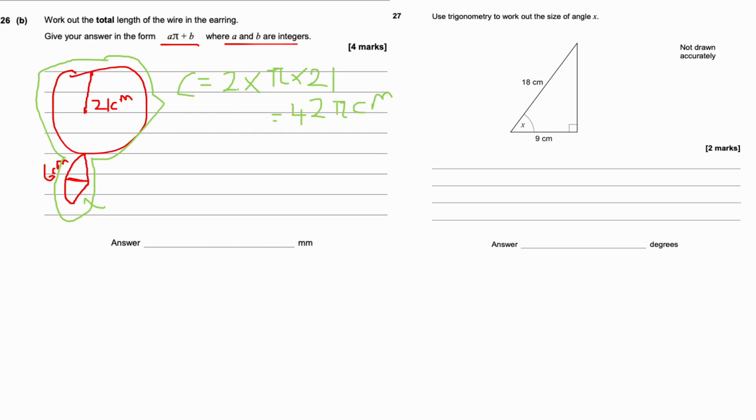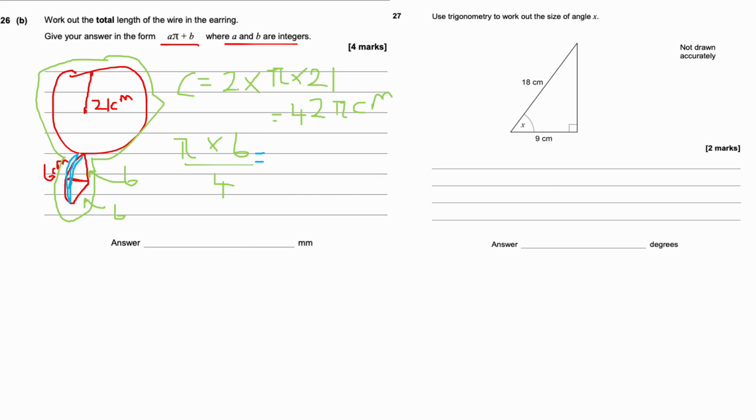This has a radius of 6. So the perimeter of this quarter circle will be pi times 6 divided by 4, because that will give me the perimeter of this quarter arc, because it's a quarter of a circle.